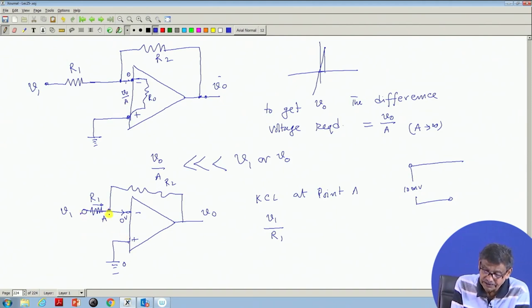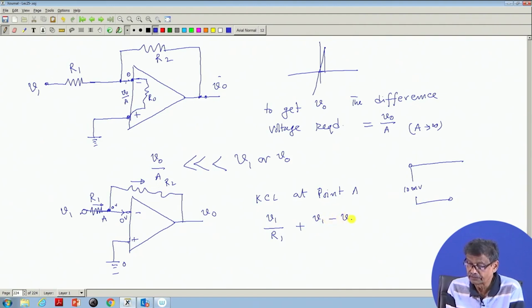Therefore, V1 minus 0 volt divided by R1 is the current coming in, and then the current leaving. This current is 0, and this current going this way, we know from the circuit analysis, will be V1 minus V naught by R2.